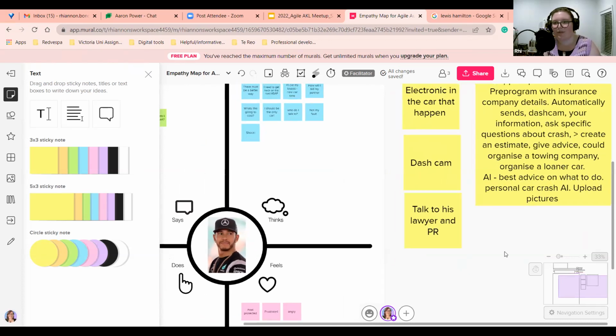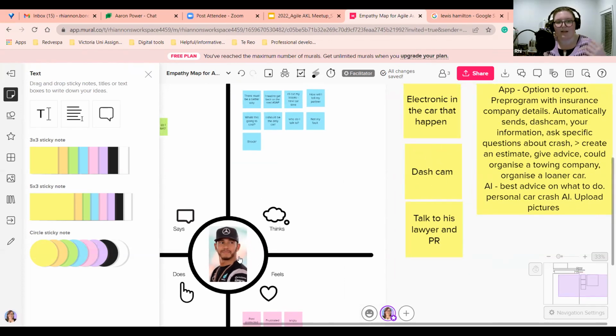So we can see that using Lewis Hamilton, as opposed to Jane, who's got two kids and drives a Corolla and might be more like your regular user base, we end up with quite an exciting and perhaps eccentric idea that we could then narrow down and turn into something more practical for our user base eventually.